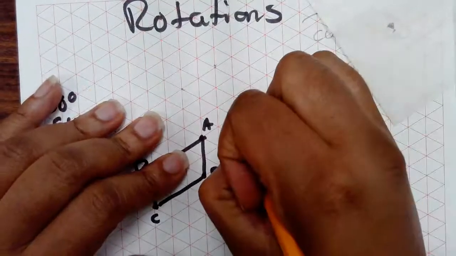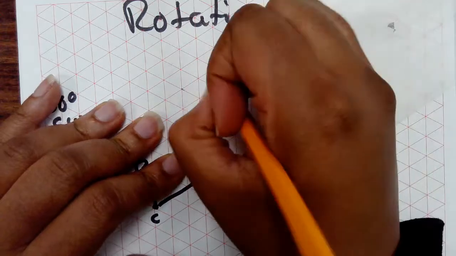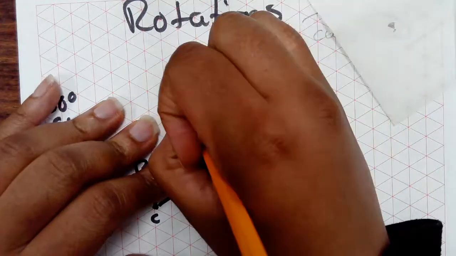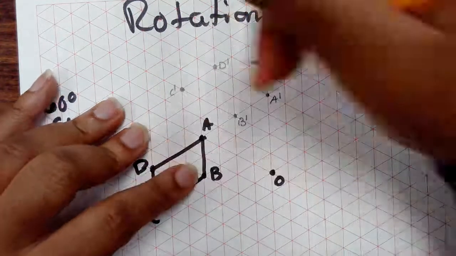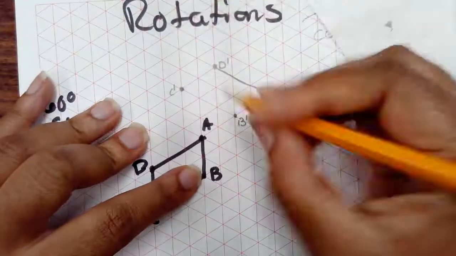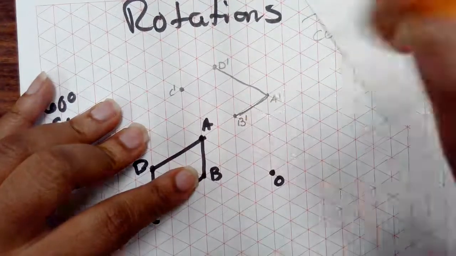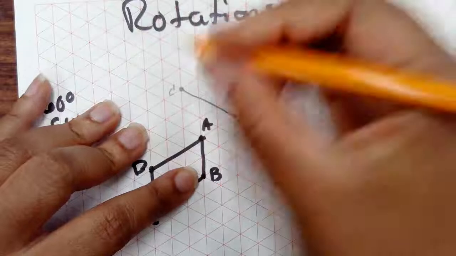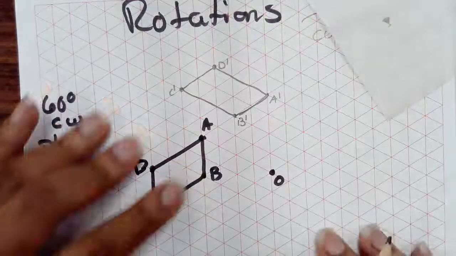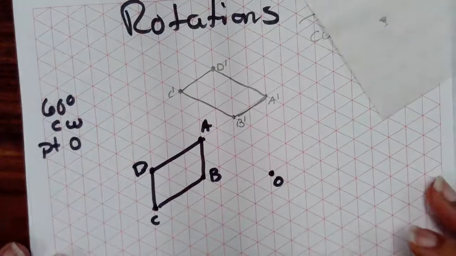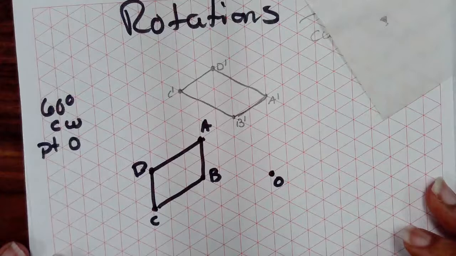A prime, B prime, D prime, C prime. So here I rotated this figure, parallelogram ABCD, around point O and created parallelogram A'B'C'D'.